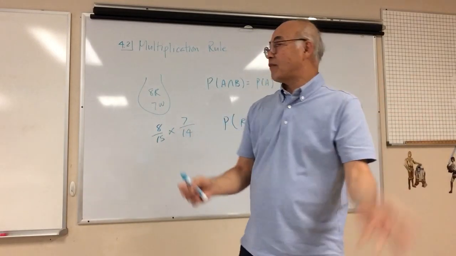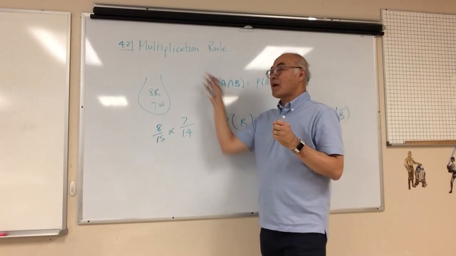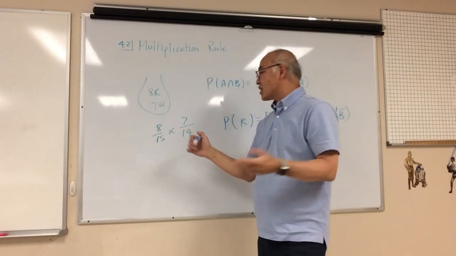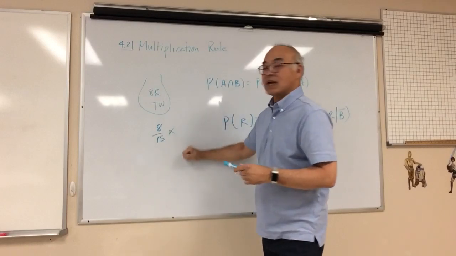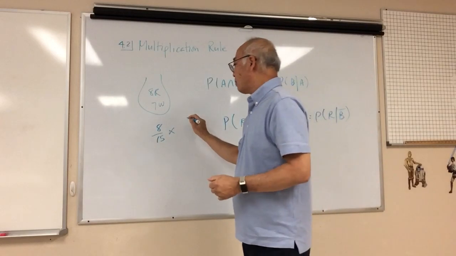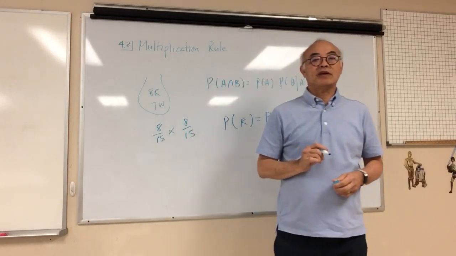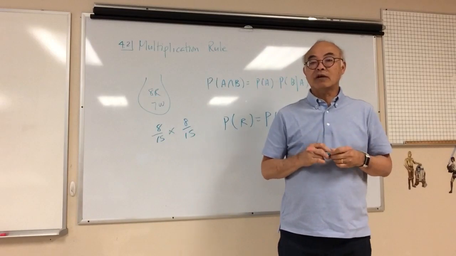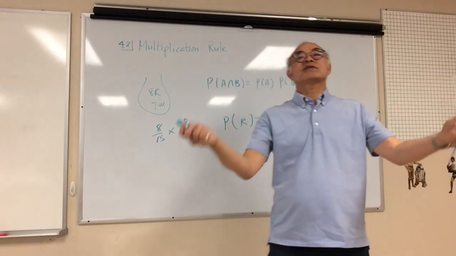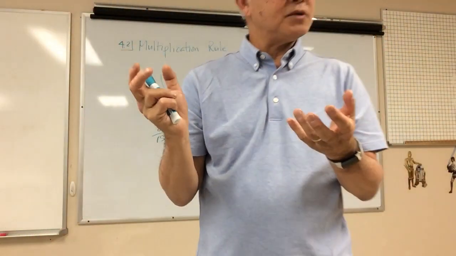However, if I pulled the red one and then I put it back in, now I'm doing the next one with replacement because I'm replacing the one back in. What's the probability then? Still 8 out of 15. Do you see the difference between the probability of picking with replacement and without replacement?